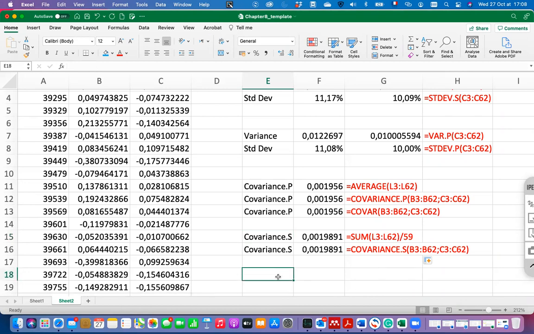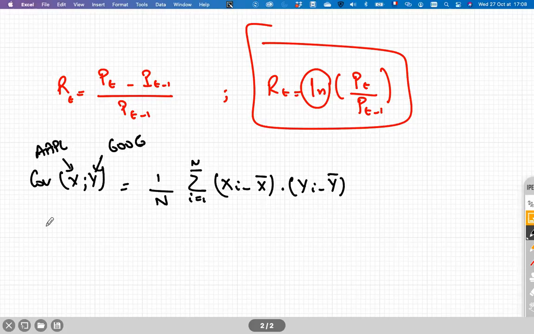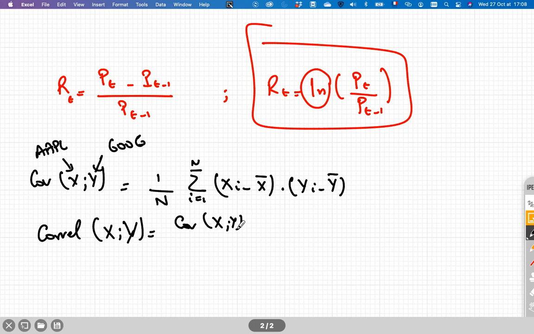Now, the final statistic is the correlation. So the correlation is equal to the covariance divided by the product of standard deviations. For example, if I want to compute the correlation between two variables, x and y, it is equal to the covariance between x and y we have computed here, divided by the standard deviation of x times the standard deviation of y.